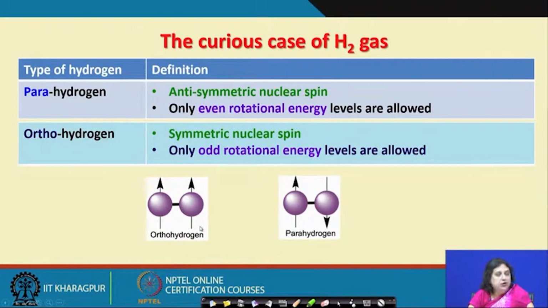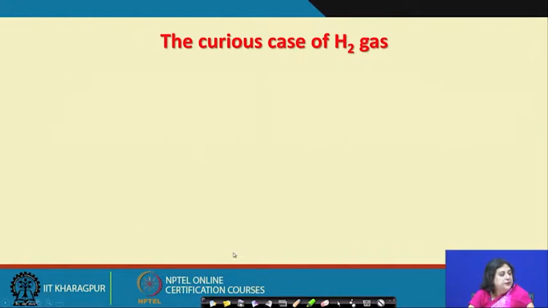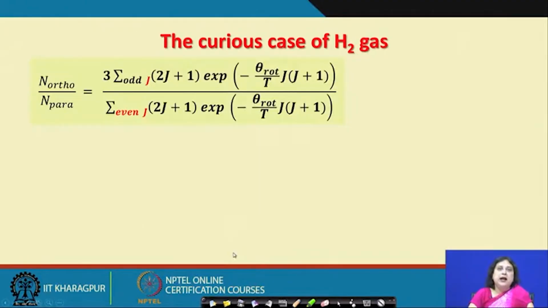And ortho-hydrogen, on the other hand, can have three different representations corresponding to three different symmetry allowed nuclear wave functions.